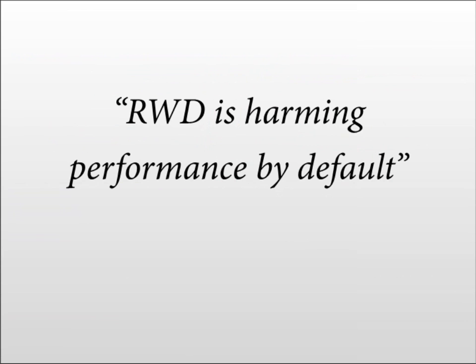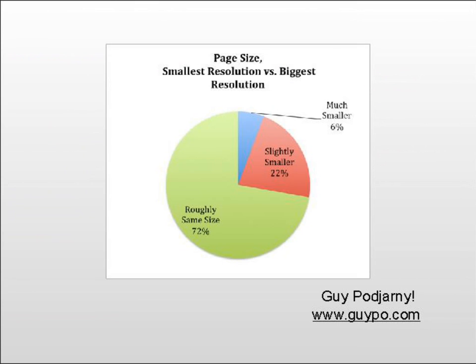And another piece of information from Guy, you can get the blog at that URL. Basically, on a typical responsive website today, 3/4 of these websites have the same size on desktop, on mobile, and on tablet.